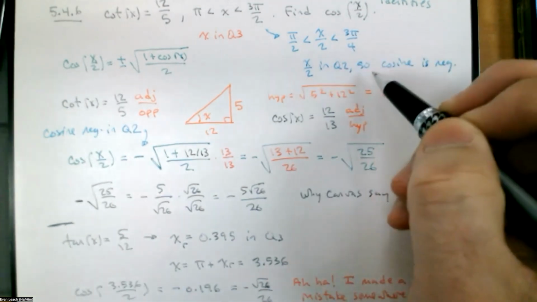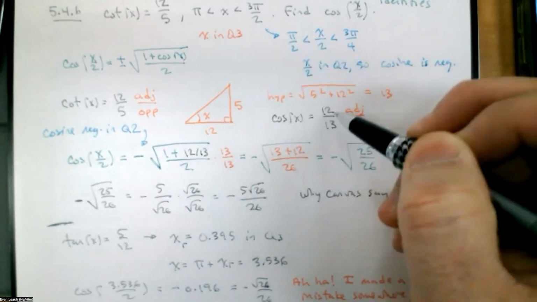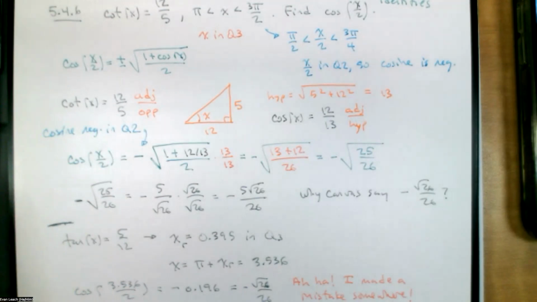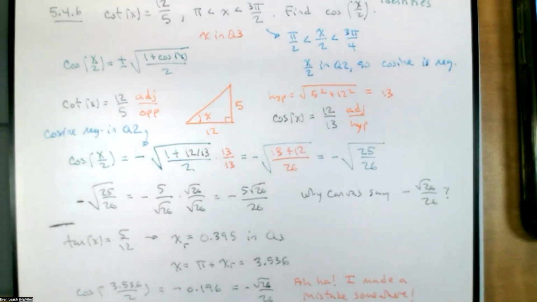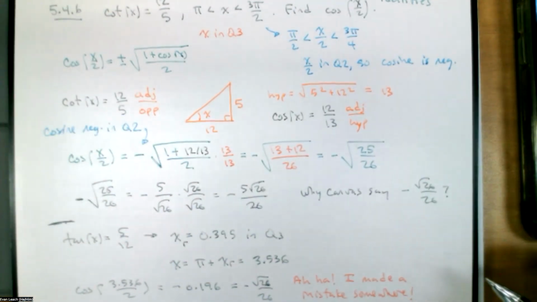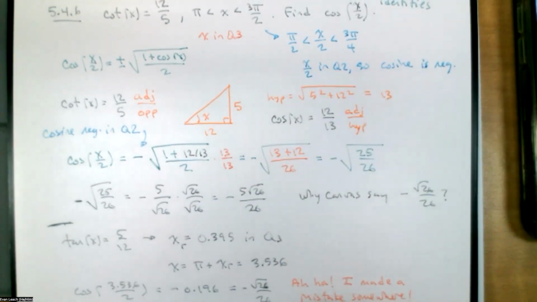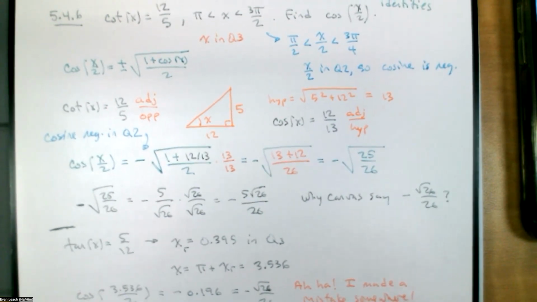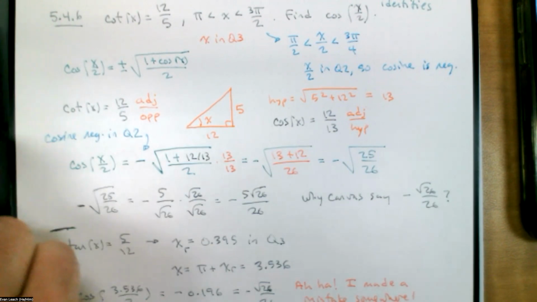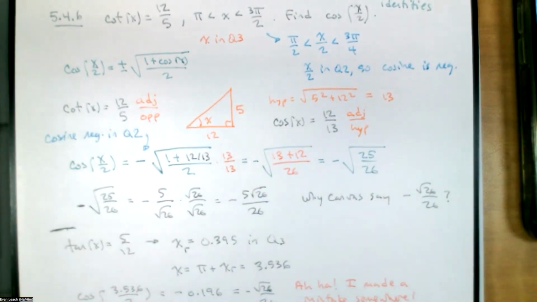So x is in quadrant 3 and the cosine should have been negative. Whew. Andrew, save the day. So it is going to be negative root 26 over 26.